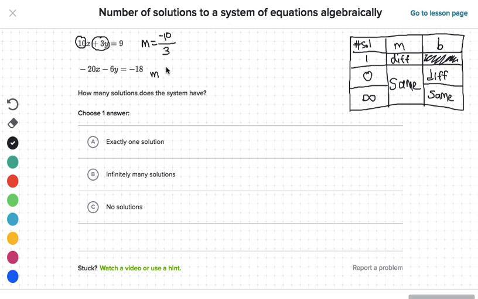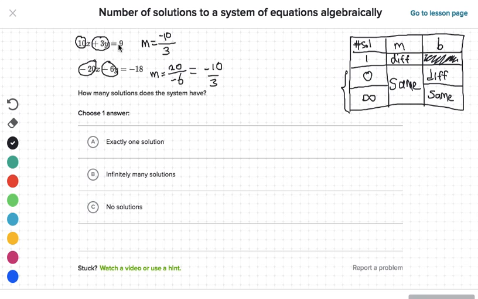The slope is again the inverse of the x term, which is positive 20, over the second term, which is negative 6. When we simplify this, we have negative 10 over 3. So we know that the slopes are the same, so we're in this bracket right here. We've got to find out whether the y-intercept is different or not.